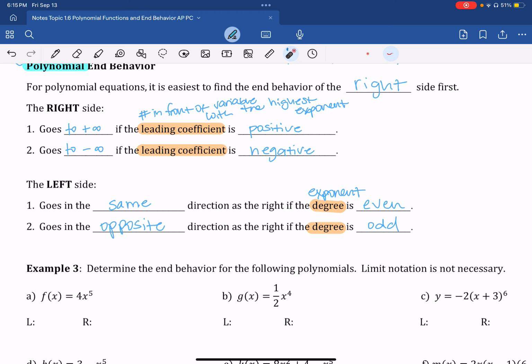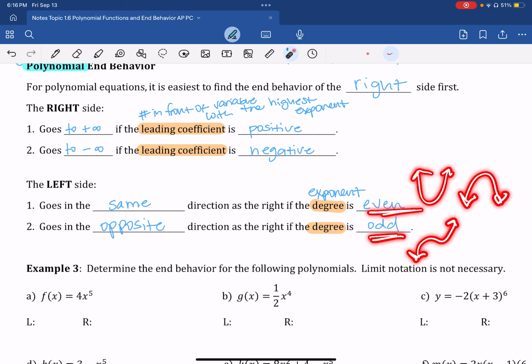If it's negative, you go down on the right. If your degree is even, 2, 4, 6, 8, then the left side will be the same as the right side. And if your degree is odd, like 1, 3, 5, or 7, then it'll be in the opposite direction. So for even, they'll both be going up or they'll both be going down. For odd, it'll look more like this, where one side goes up, or it can look like that. So they'll be opposite directions. Okay?